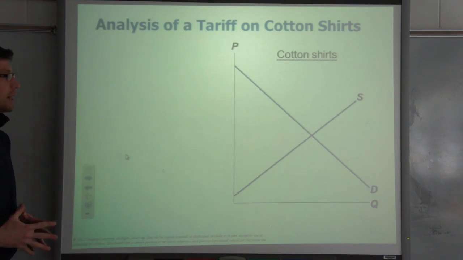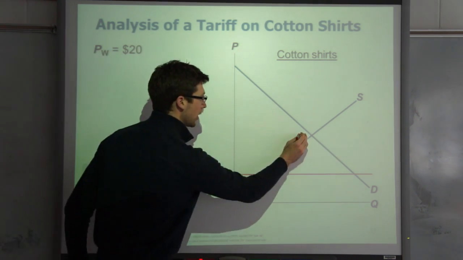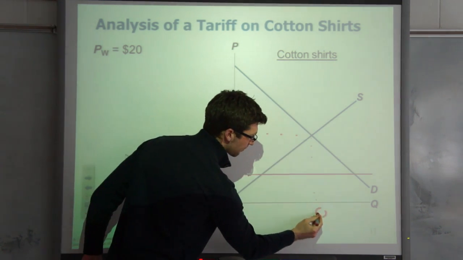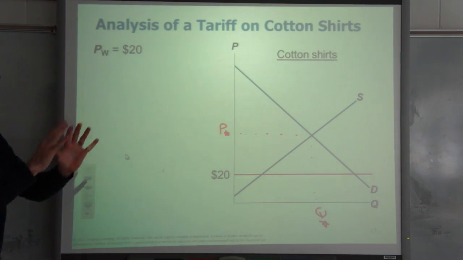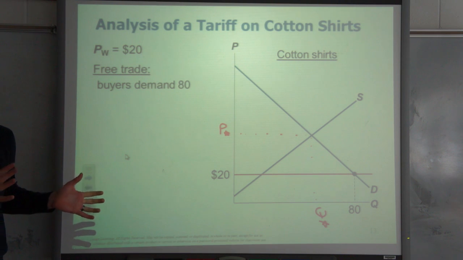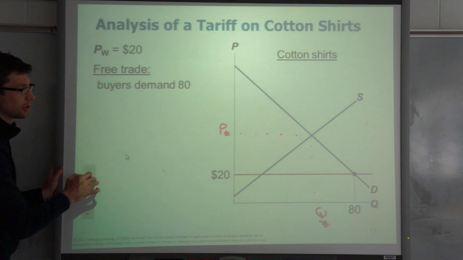So here's our market for cotton shirts. This is our domestic price. Sorry, I'm going to put it up here. I'm going to put it as P star and Q star. That would be the price that is determined in the domestic market if we did not engage in trade. However, the world just simply does it better than in the United States at a $20 price tag for cotton shirts.